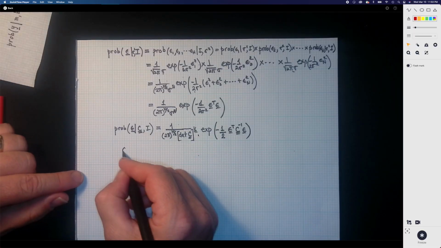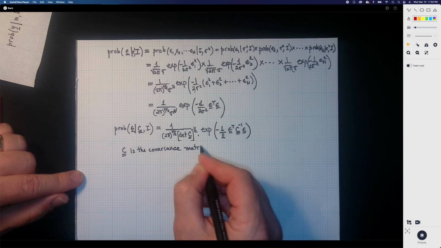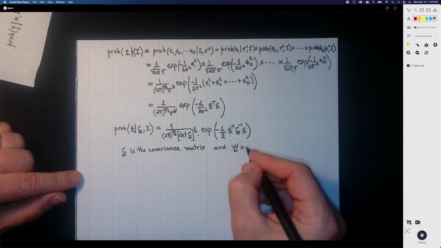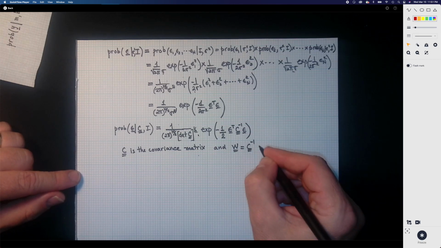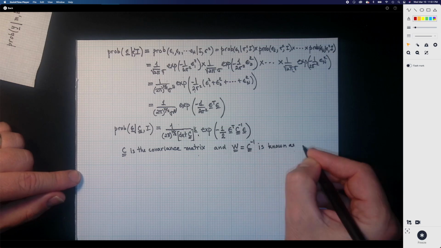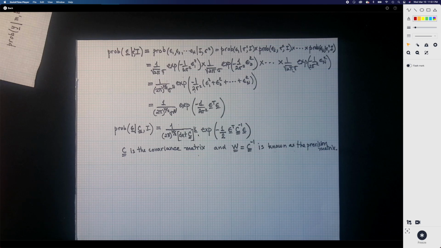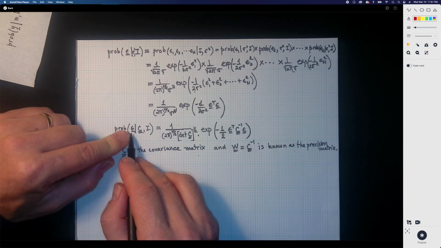This C inverse matrix is also known as the precision matrix. So C is the covariance matrix, and W equal to C inverse is known as the precision matrix. Now for our particular problem, we know that all the epsilons are independent, and so the covariance matrix takes on this special form.